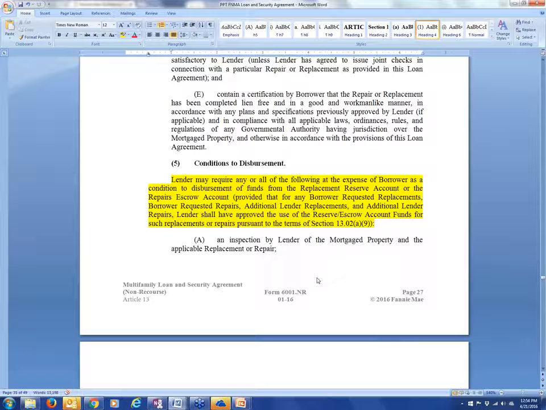So what this means to you is you want to work with a DUS lender who is very borrower friendly. Because when you're owning a property and you have to get something fixed on the property, you want to make sure that the bank is there as your friend and will work with you towards using the reserve replacements to getting the deal done.